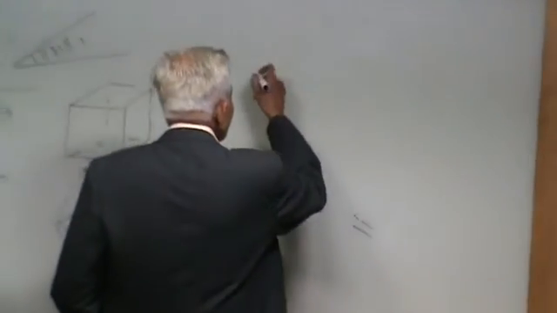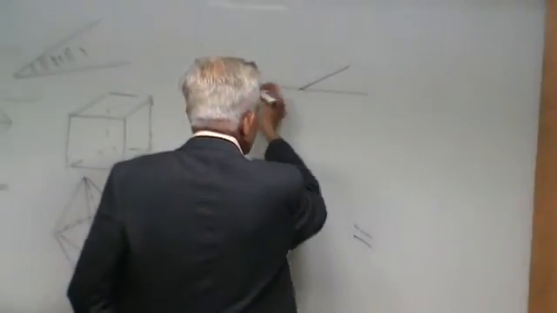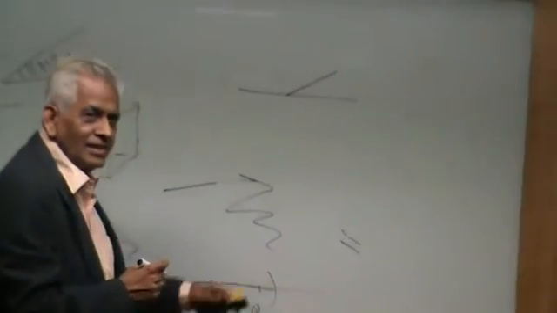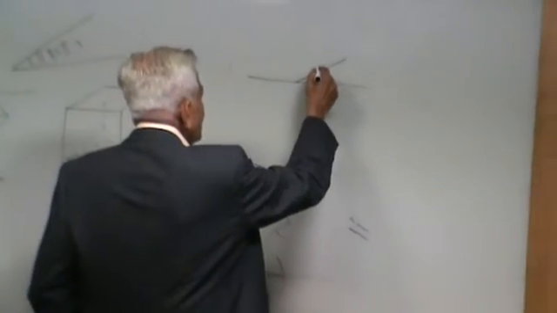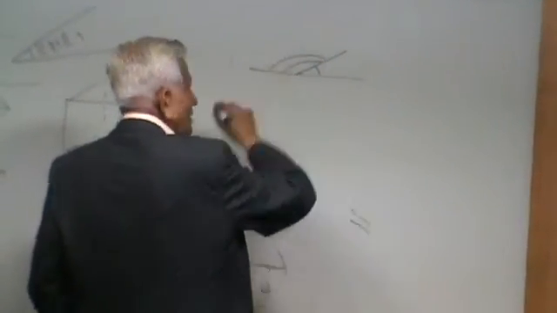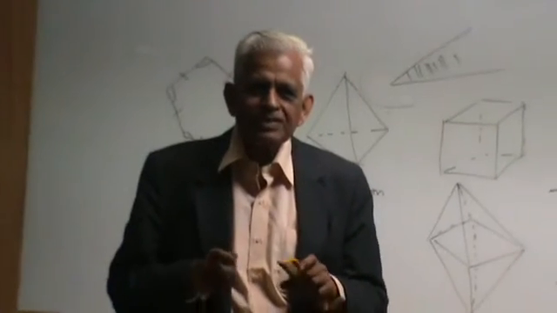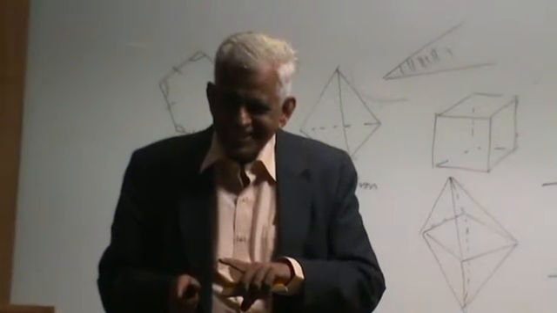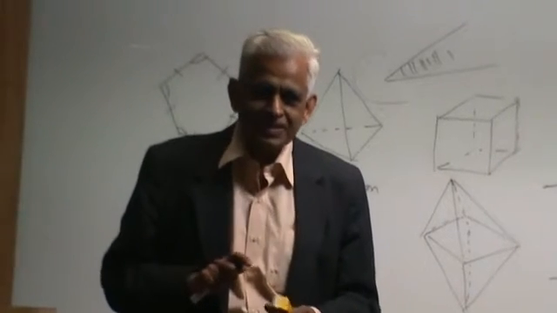Now given an angle, you can extend one of the rays and make it a line. So given an angle, there is a complementary angle. And a right angle is one for which the angle is congruent to its complement.